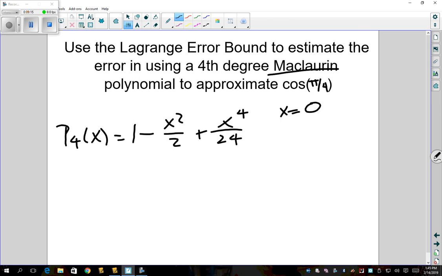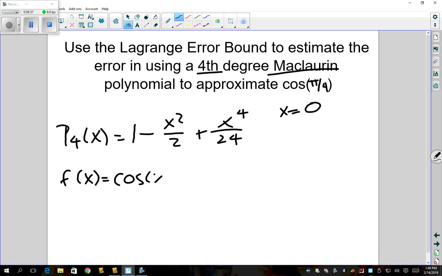Going back to our remainder theorem, we were given a polynomial of degree n. We need to find the n plus 1 derivative. Since we're given a 4th degree, we have to find the 5th derivative of cosine of x.